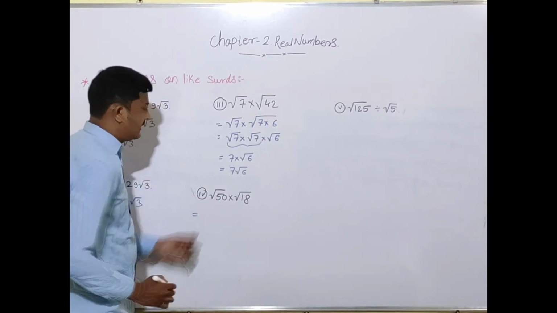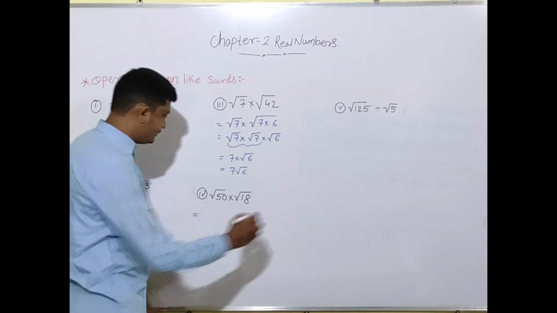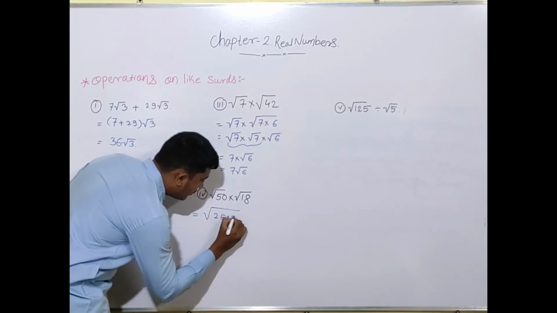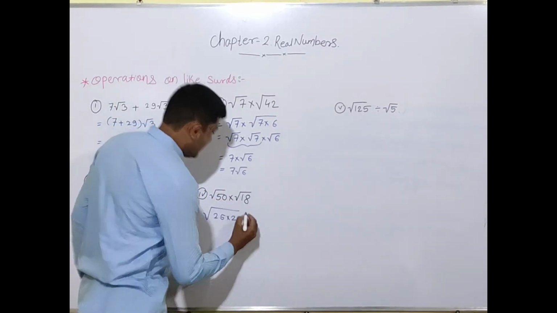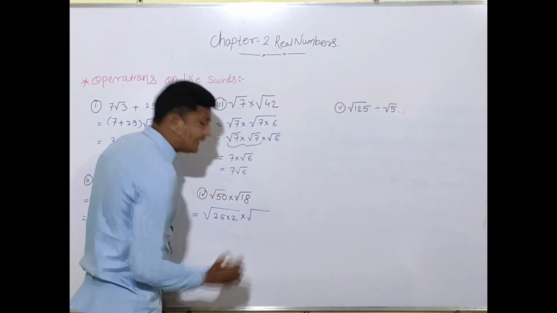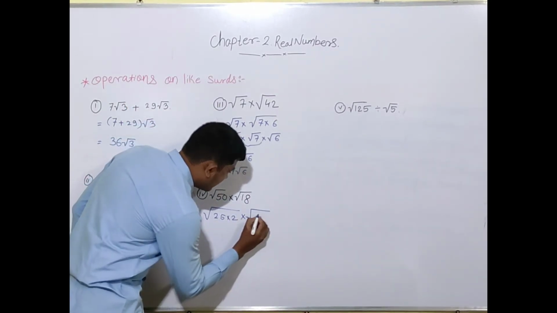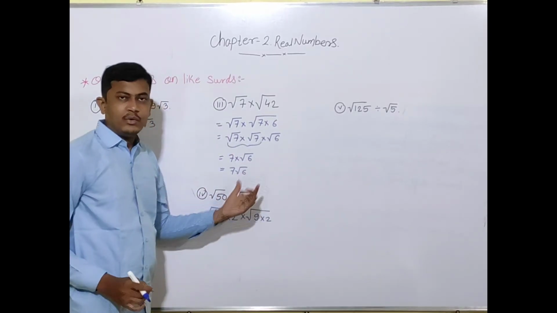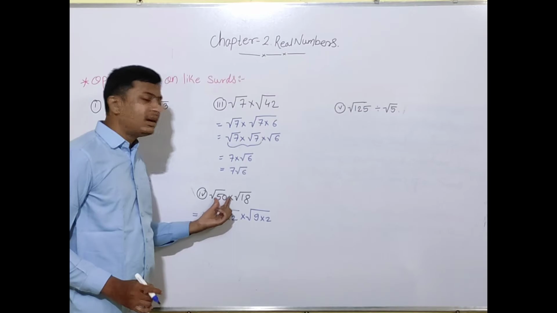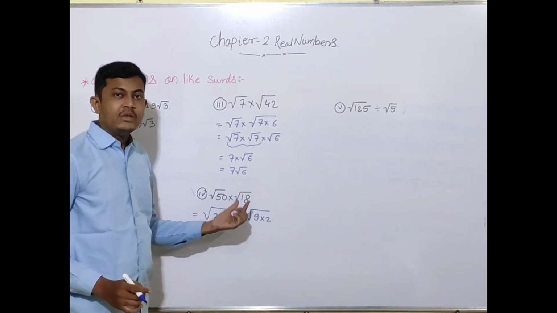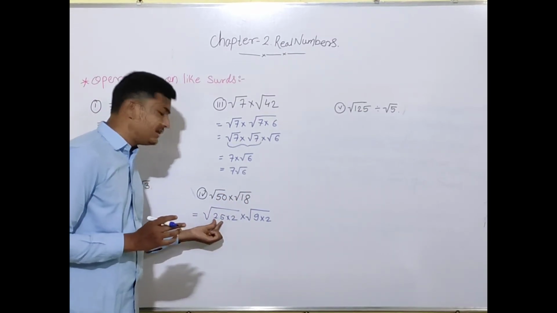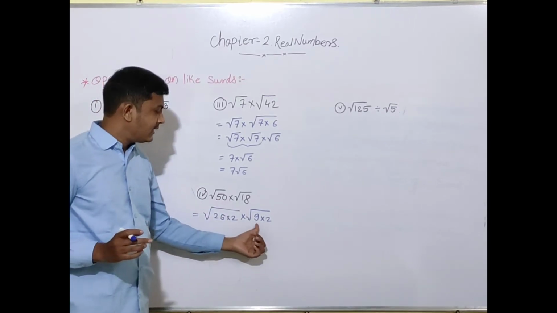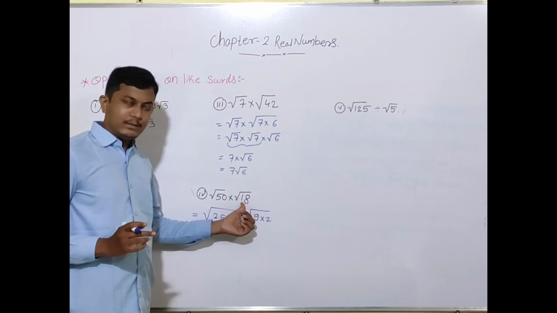Again, next, the same multiplication we have to do. 50 can be given as 25 into 2 and 18 can be given as 9 into 2. While multiplying, we have to split up the number in the form of a square number. Here 25 is a square number in 50. Here 9 is a square number in 18.